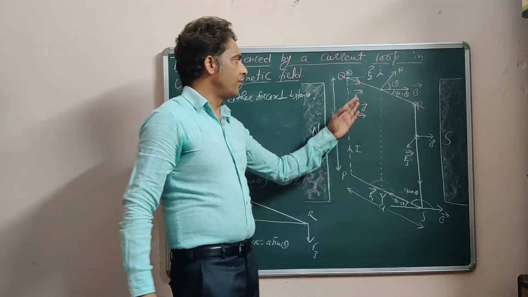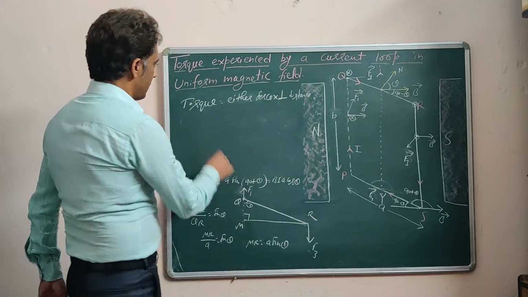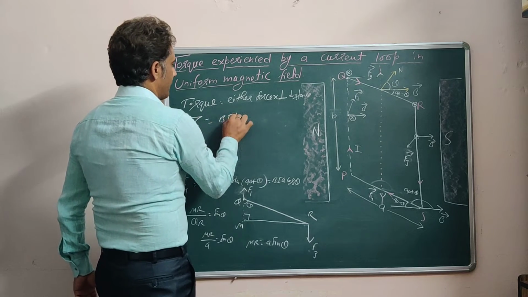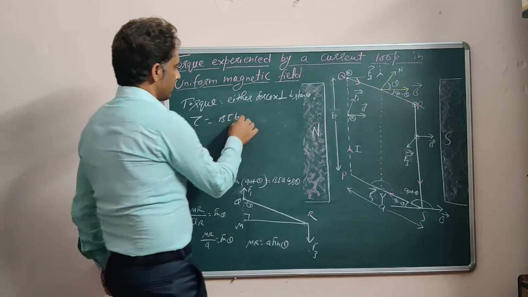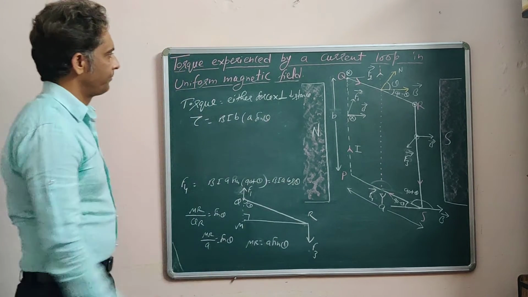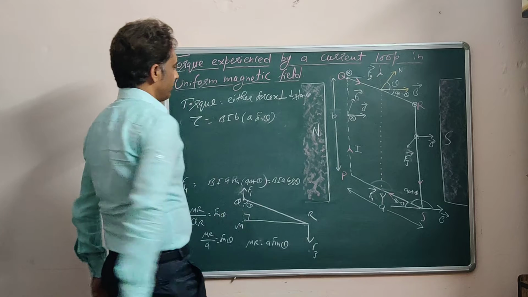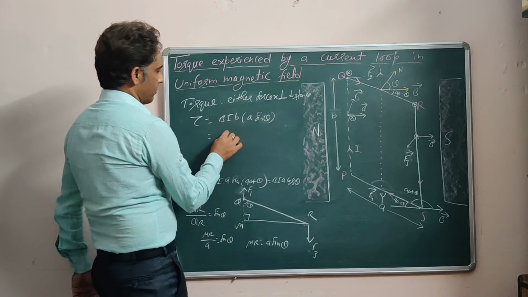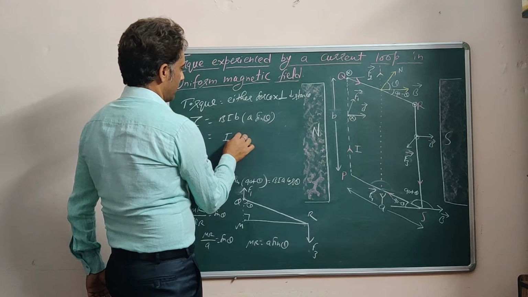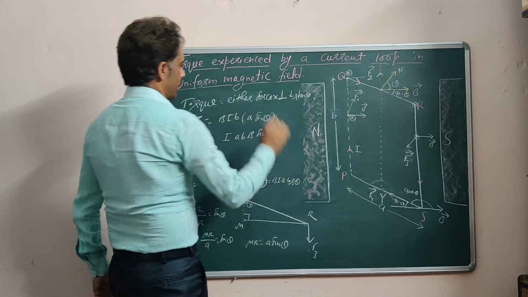Either force, meaning the magnitude of force F1 or F3, is equal to BIB. So torque will be equal to BIB times A sin theta, which is equal to I A B sin theta.